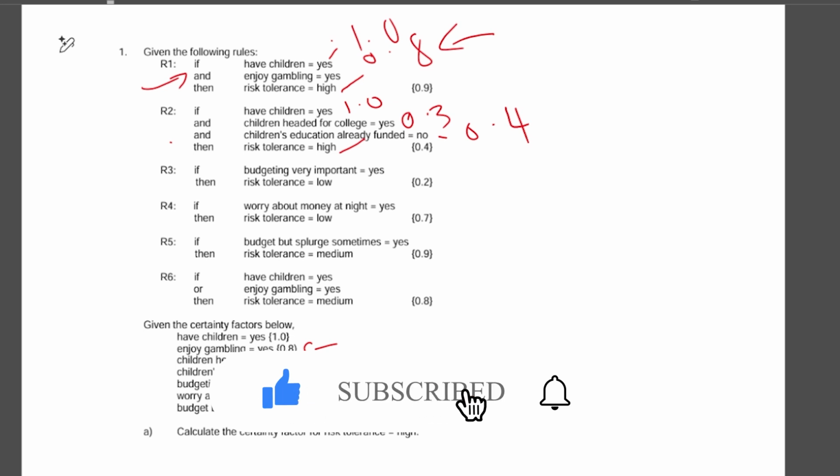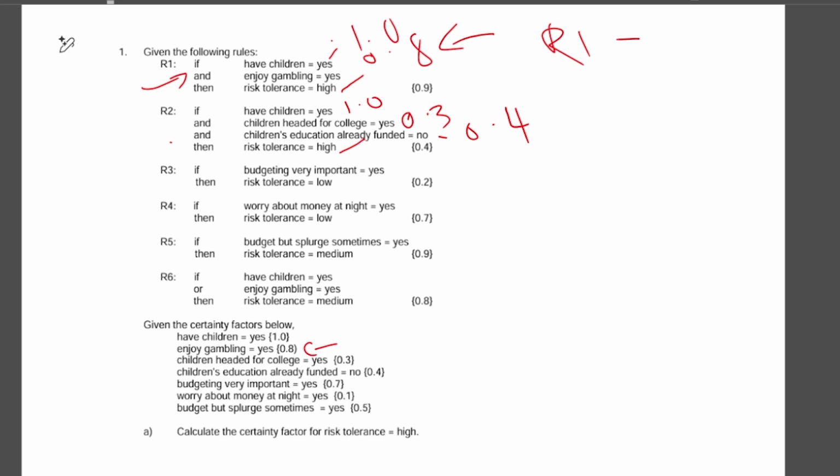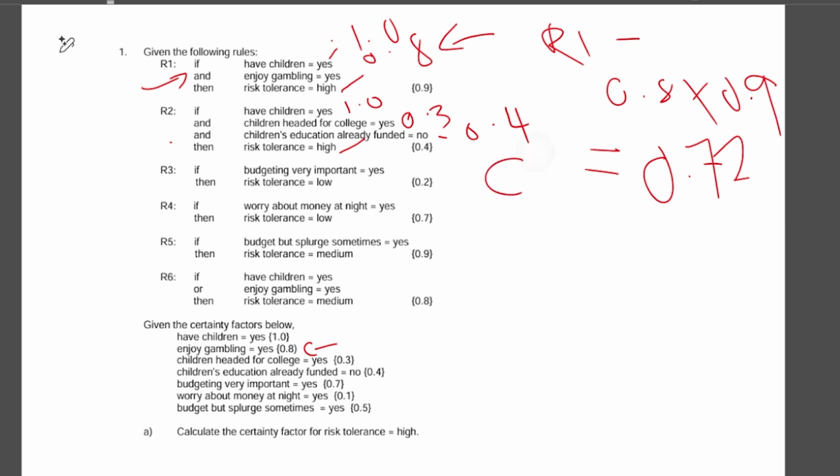So you can calculate the whole R1 CF. To get the risk tolerance is high, you have to select the lowest value, which is 0.8 times 0.9. Then you will get 0.72. This is for CF1.